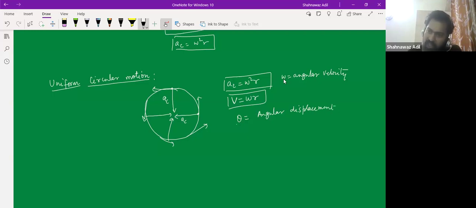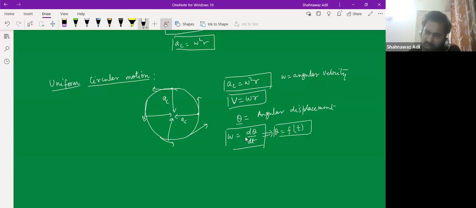From this theta, you can define the angular velocity, which is d theta by dt, if theta is a function of time.